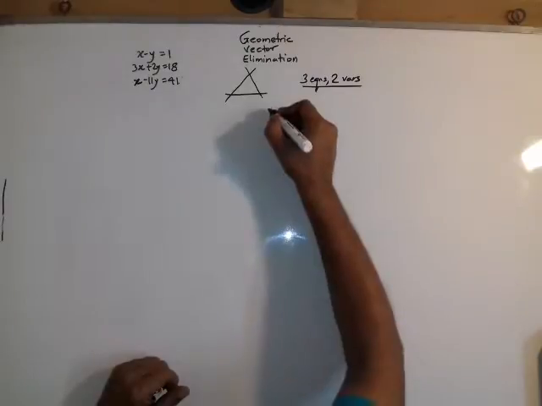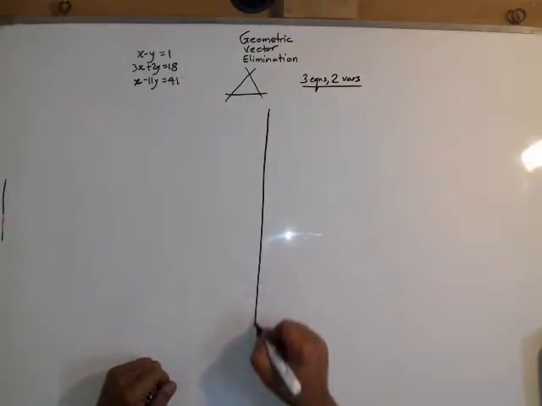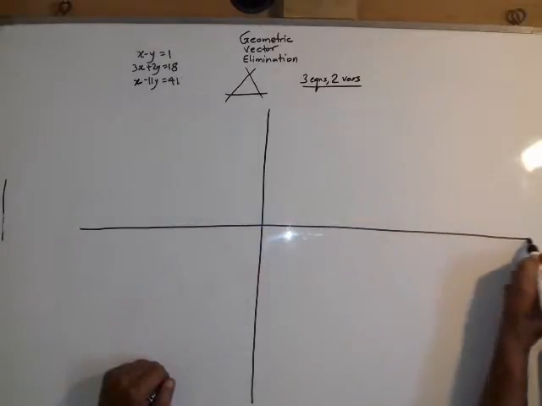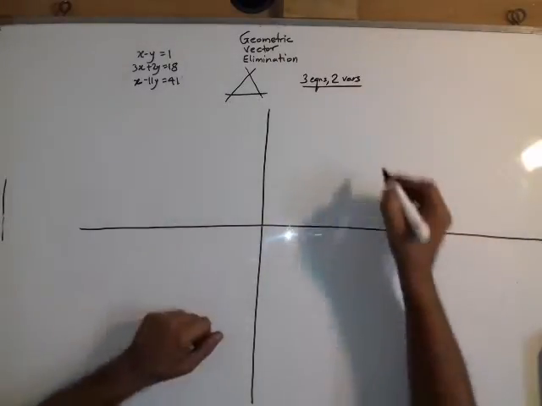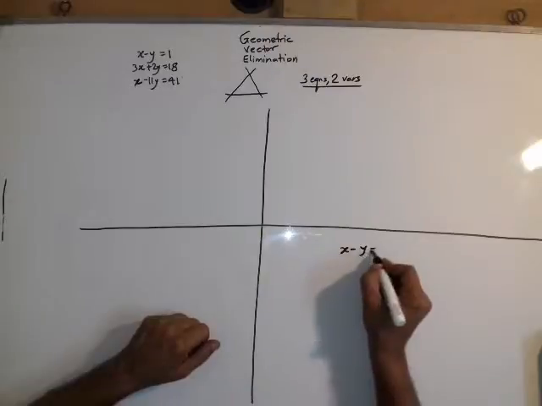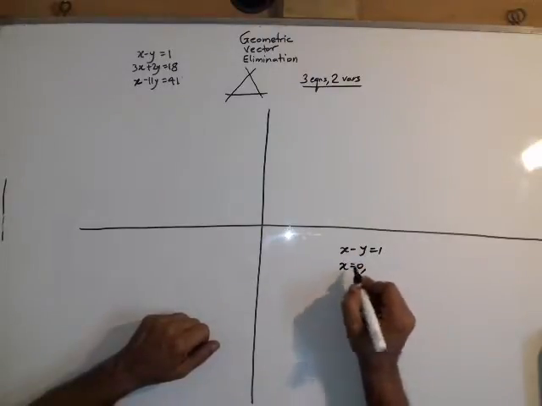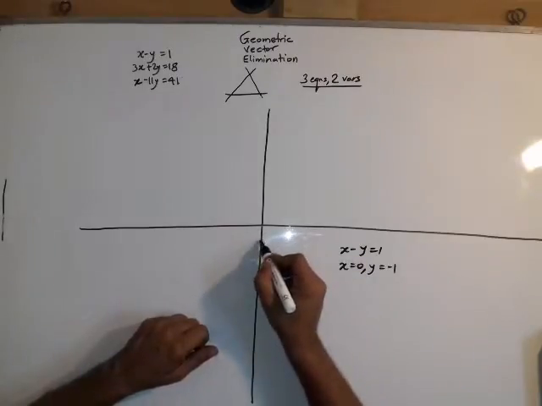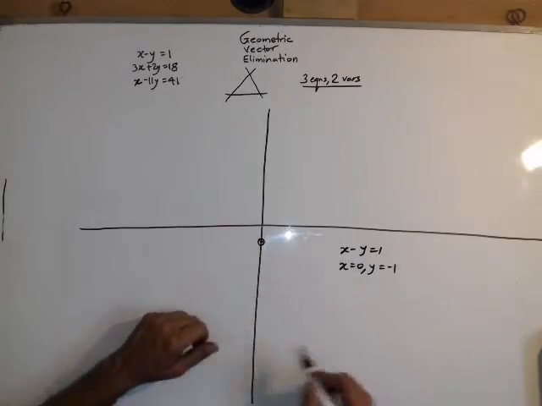Let's start. So we go to our favorite xy plane and we are going to plot these lines. x minus y is equal to 1. So when x is equal to 0, y is equal to minus 1. I got my first point here.